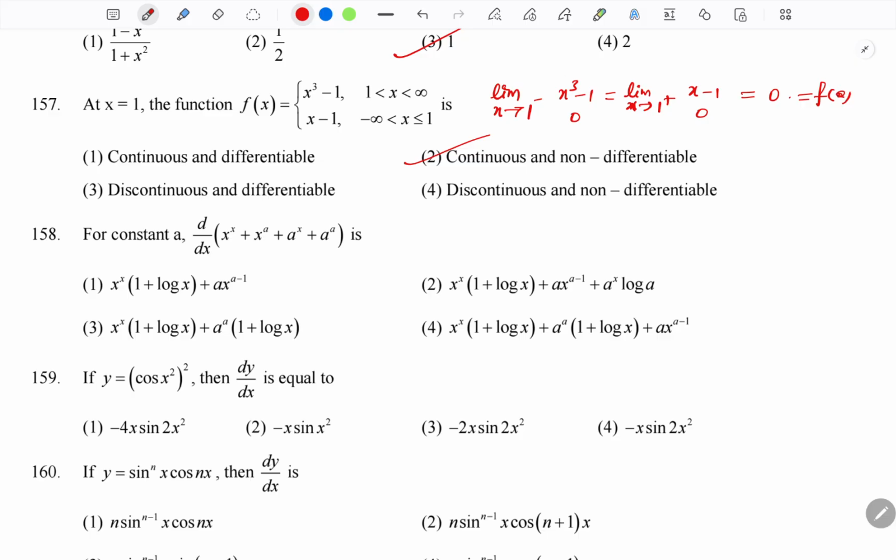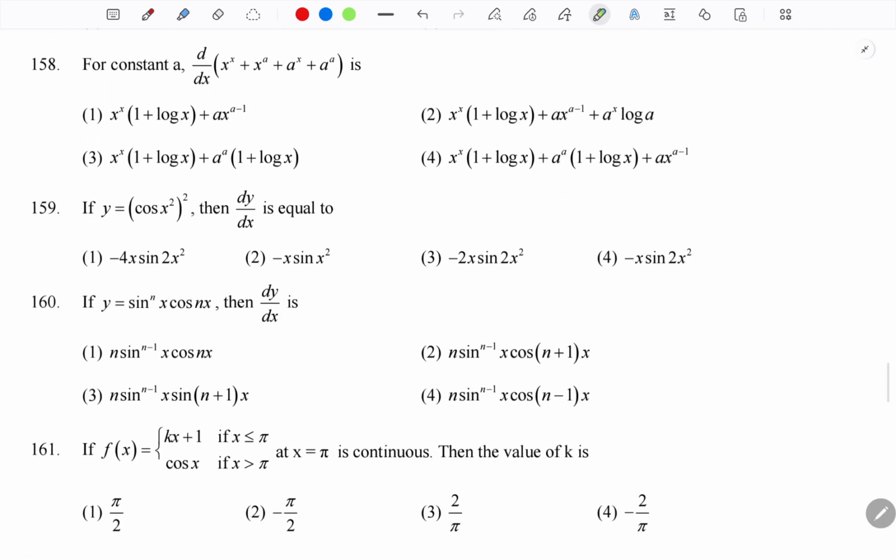Next, what is the derivative? The left hand derivative and right hand derivative: the derivative of x cube is 3x square, at x equal to 1 it is 3. Observe, students, here it is the left hand derivative, the derivative of x cube is 3x square at x equal to 1, which is 3. Then you will get this answer. So both are not the same, not equal, so not differentiable. So option 2 is correct. Next question.